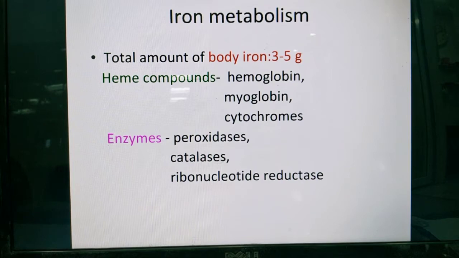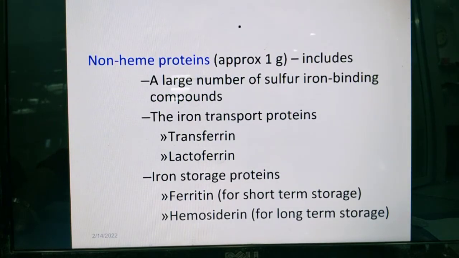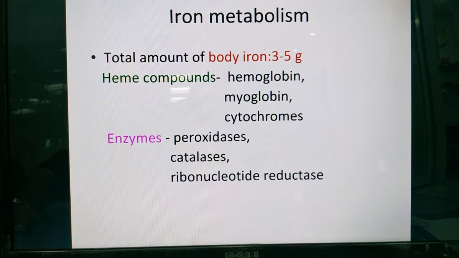Now, iron metabolism. The total amount of body iron is approximately 3 to 5 gram, contained in heme compounds, enzymes and non-heme proteins. Heme compounds contain hemoglobin, myoglobin and cytochromes. Enzymes include peroxidases, catalases, ribonucleotide reductase.